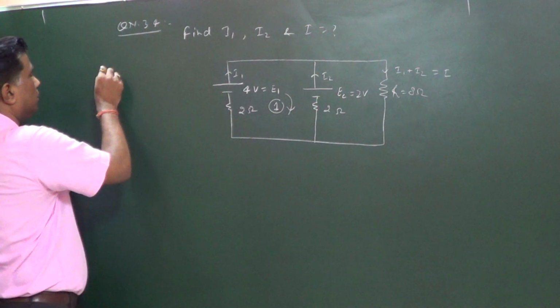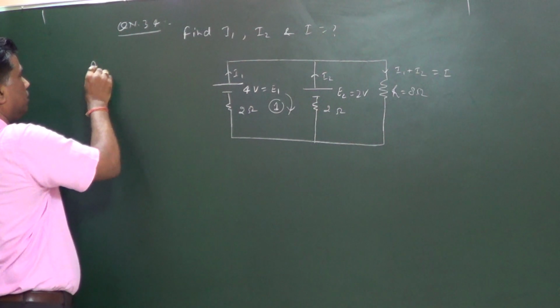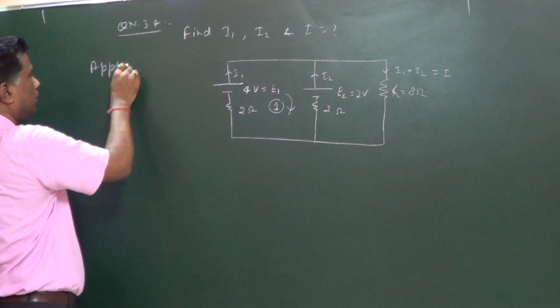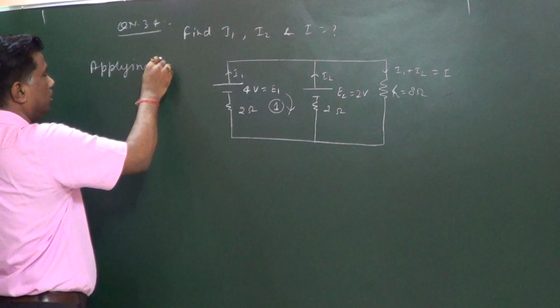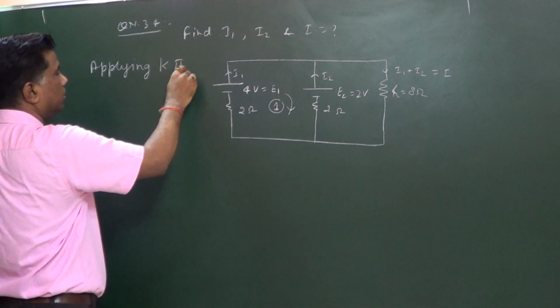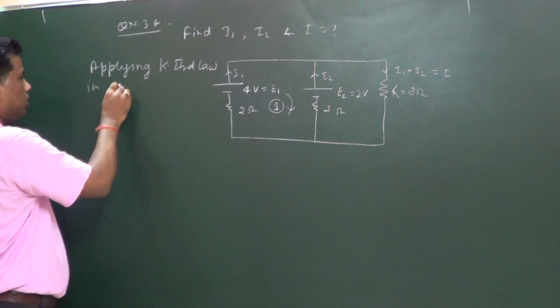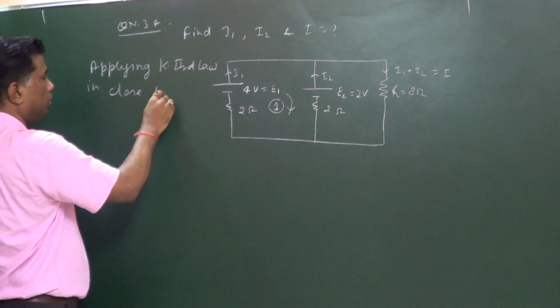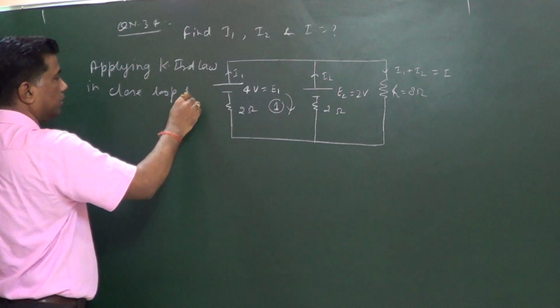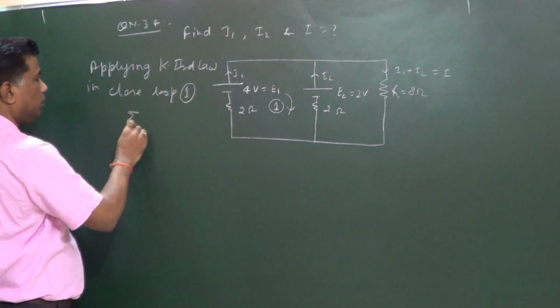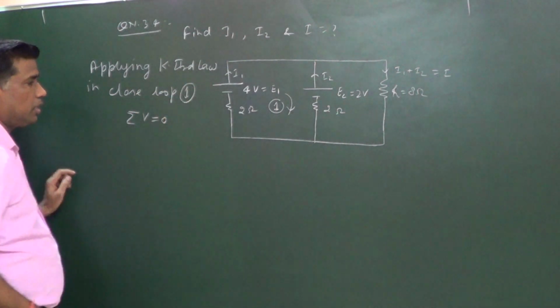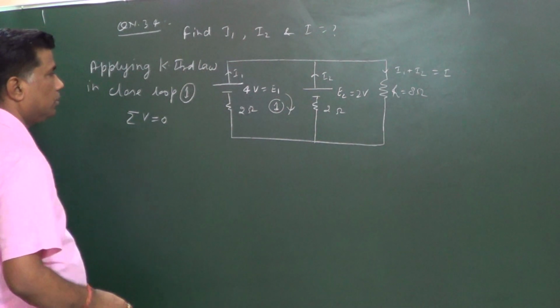Students, I will write: applying Kirchhoff's second law in closed loop 1. According to this law, summation of potential difference in any closed mesh is equal to 0.